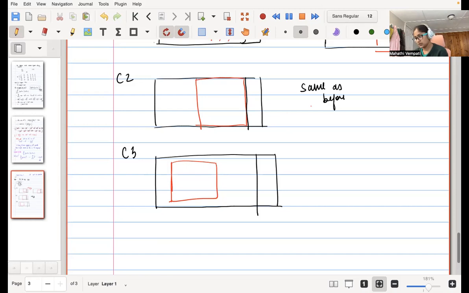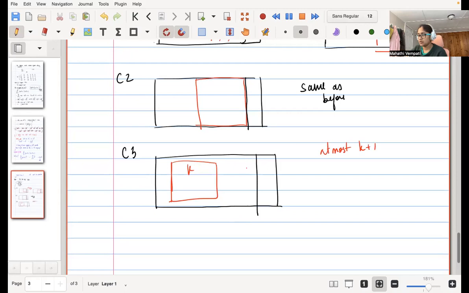So if you need a bigger square, let's say, can we agree that the square size can at most, if this is K, be K plus 1, right?